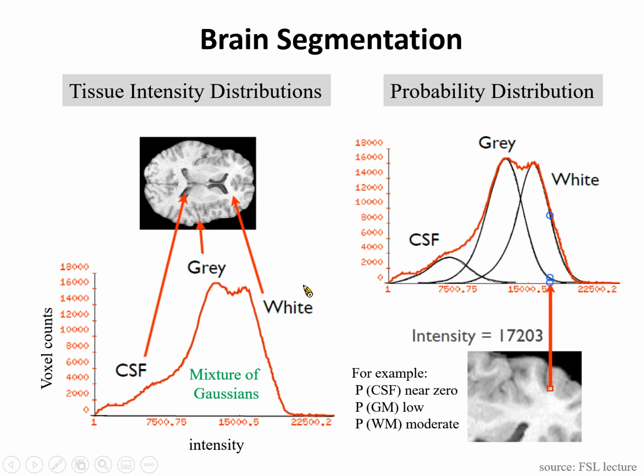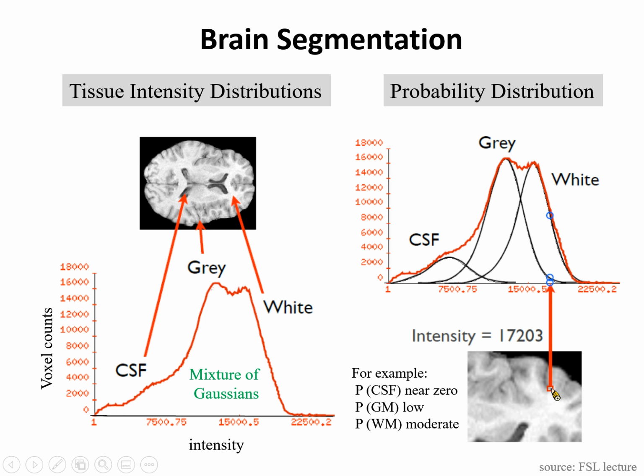So we can use mathematics to separate these three different distributions and give a probability of whether a voxel is gray matter or white matter.